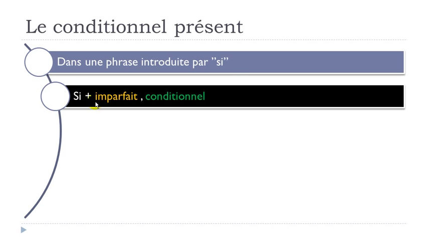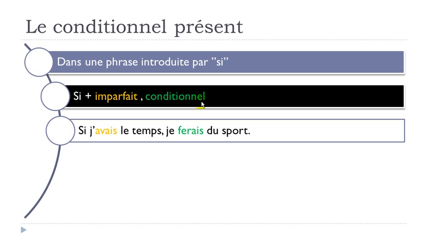We didn't see this form yet. It will come in the next lesson or in the next unit, sorry. So no stress about that. It's just for you to know that if you want to construct this if structure, then it should be followed by imparfait. Then comes le conditionnel.